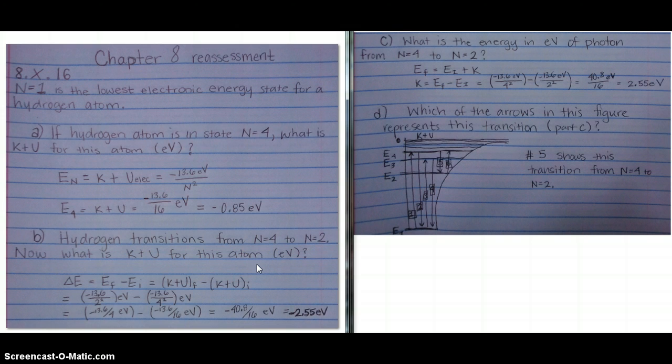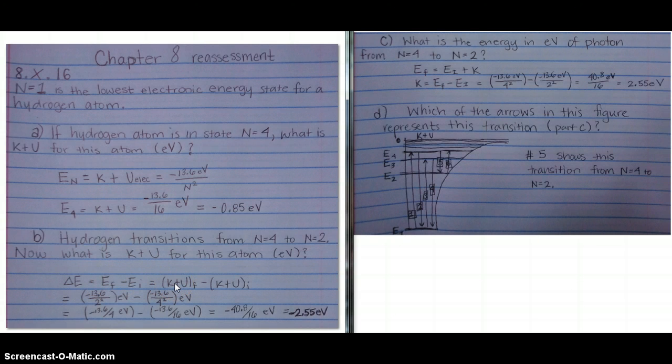Then part B asks if the hydrogen atom transitions from the energy state of n equals 4 to n equals 2, what is the energy now for this atom? So what is K plus U for this atom? Well, if you use the energy principle, you have the change in energy is equal to the final energy minus the initial energy.